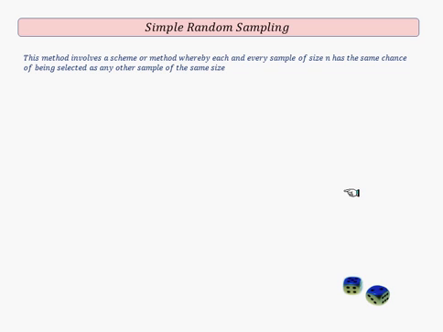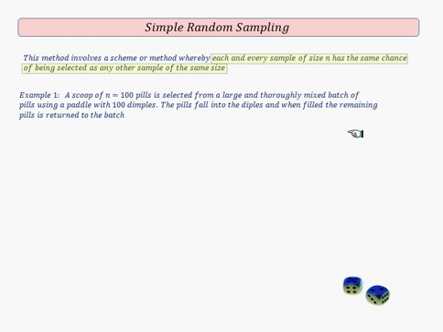Now, simple random sampling is the method whereby each and every sample of size n has the same chance of being selected. And we're suggesting that this may involve a scoop, or if we have a large jar of pills, we have a scoop containing 100 dimples if you wish, and we just scoop out 100 pills.